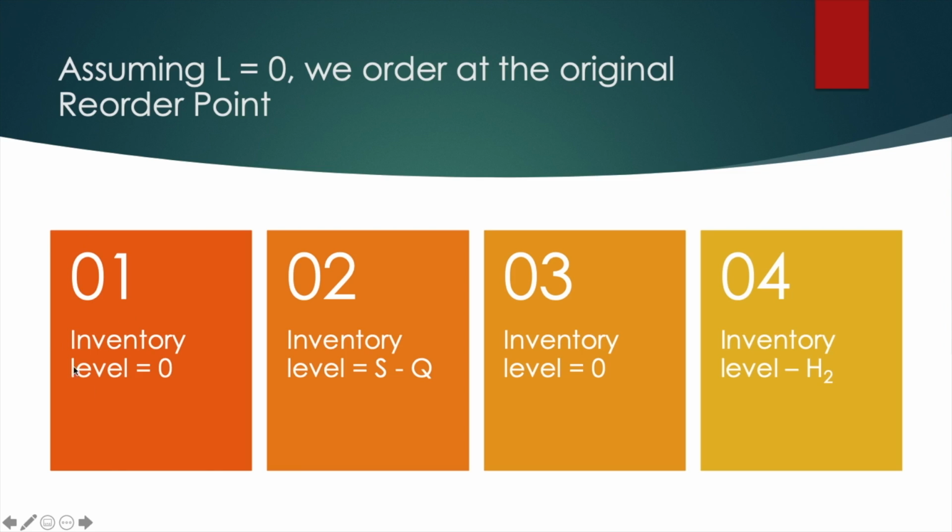For example, for model number 1, assuming that lead time is zero, then you will order when your inventory level is equal to zero. Okay? If you remember, the graph of model number 1 looks like this. And in this case, you are ordering at this point, and in this point, your inventory level is equal to zero.